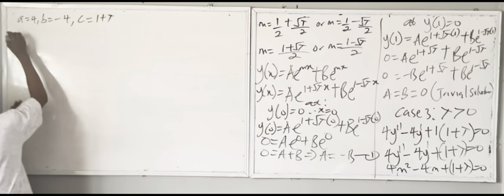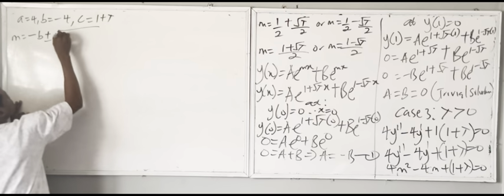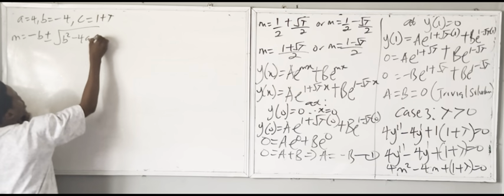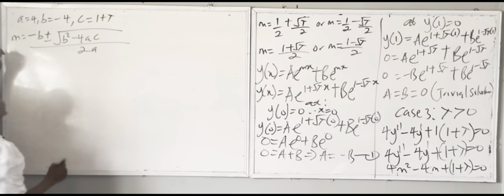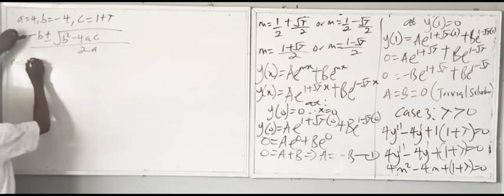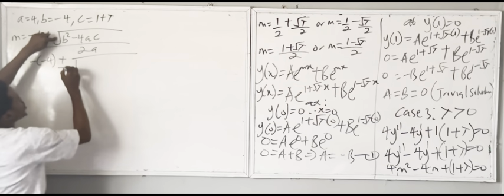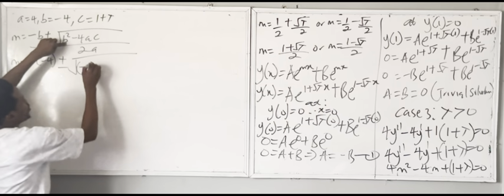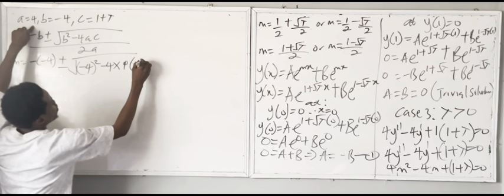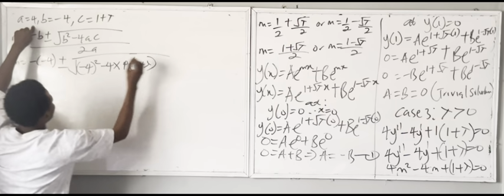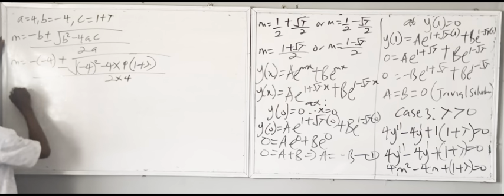So I'm going to have m is equal to minus b plus or minus square root of b square minus 4ac, then all over 2a. So m is equal to minus minus 4, plus or minus square root of minus 4 to the power of 2 minus 4 times 4 times 1 plus lambda, then all over 2 times a, which is 4.